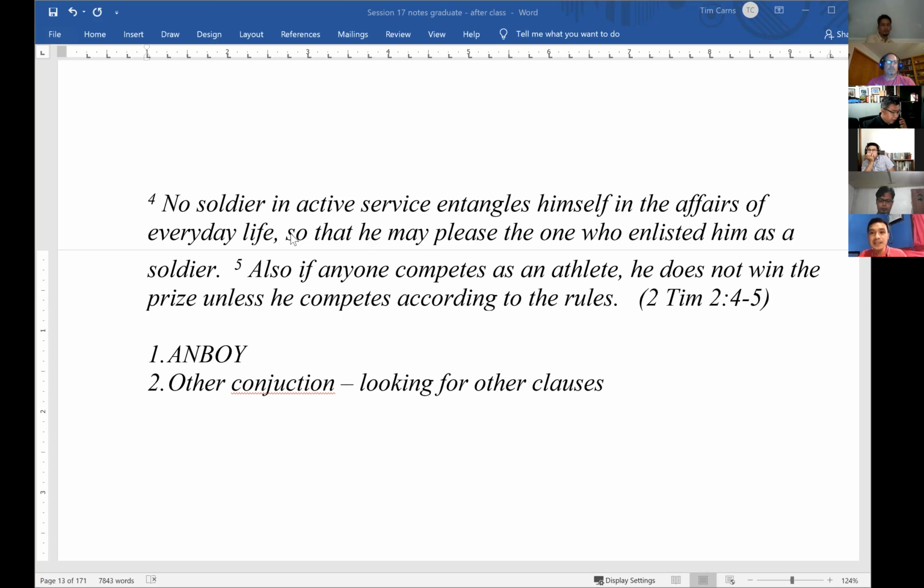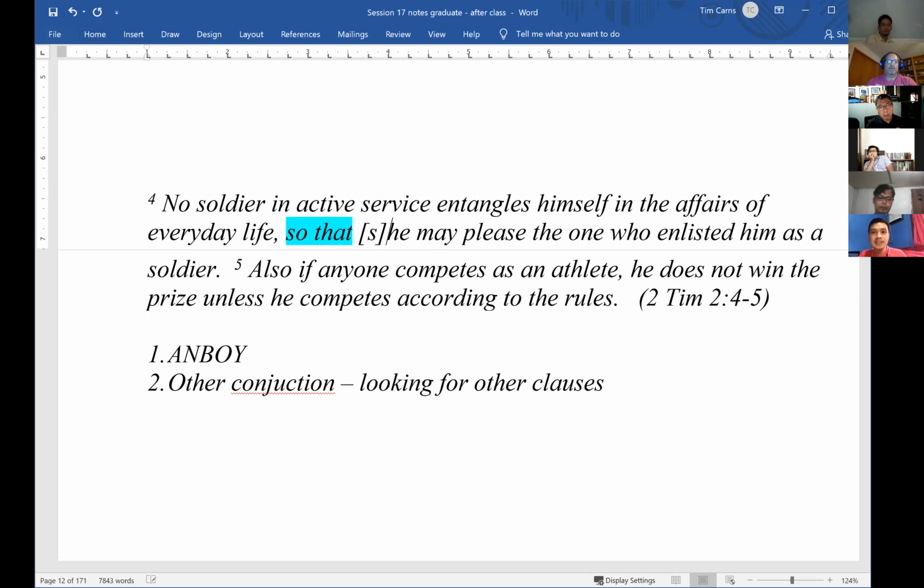Okay, good. What kind is it? "So that" is a subordinating conjunction. How do you know that? It is not an envoy. Yeah, that's right. And at the same time, it is also preceded by a dependent clause.